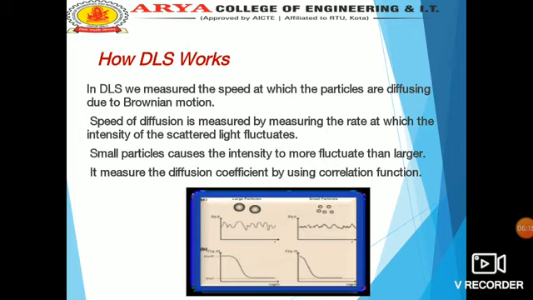Speed of diffusion is measured by measuring the rate at which the intensity of the scattered light fluctuates. Small particles cause the intensity to fluctuate more than larger ones. It measures the diffusion coefficient by using the correlation function.